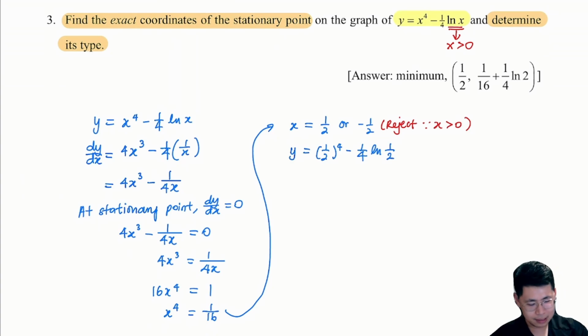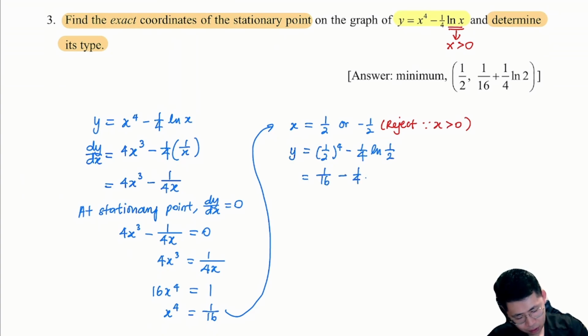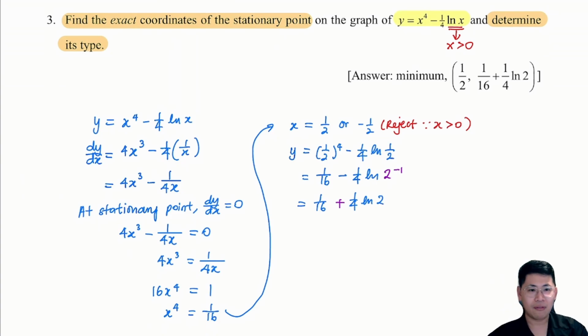Okay, now let's simplify this. 1 over 16 minus 1 over 4 ln, so this is 2 to the power of negative 1. Because of this, I can use the law of logarithm to bring the power in front. So when I bring the power in front, negative 1 times negative 1 over 4 is going to be plus 1 over 4 ln 2. Okay, so this is the y value.